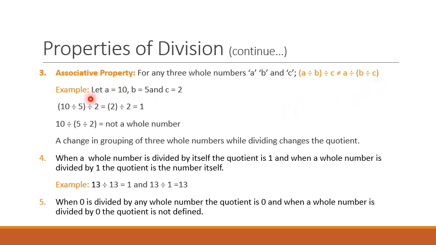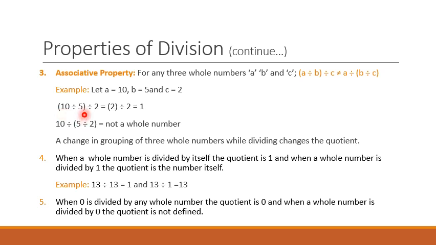Say I take three whole numbers, a is equal to 10, b is equal to 5 and c is equal to 2. Now if I write a divided by b, that is 10 divided by 5, divided by the third number c. Since this is written in brackets, we solve it first.